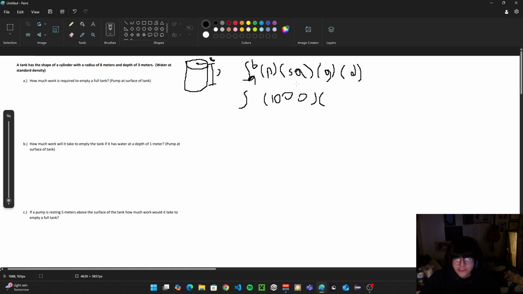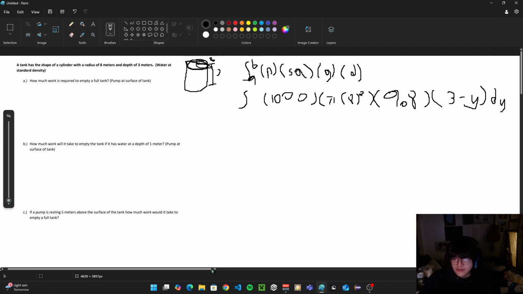The surface area would be pi times 8 squared, because the radius is squared, and to find the area you do radius squared times pi. Then gravity, which is 9.8, and then distance. The pump is at the surface of the tank, so the distance is going to be 3 minus y, and then dy.